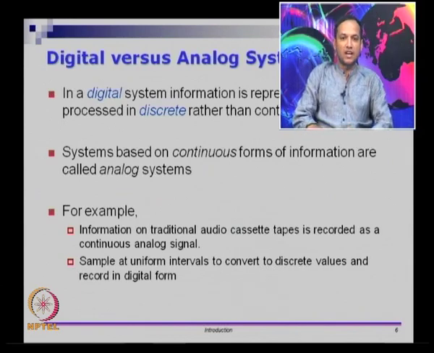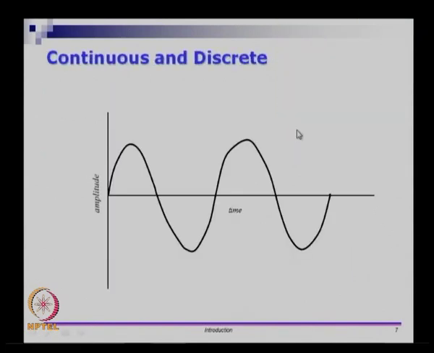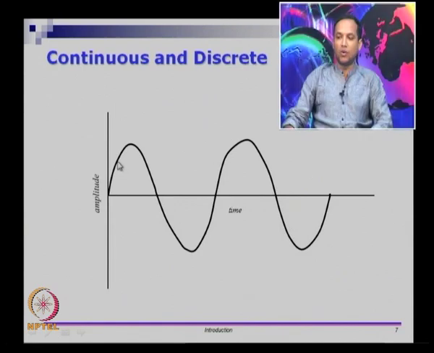It records a continuous analog signal, and you can however take this continuous analog signal and sample it at frequent intervals or at regular intervals and get discrete forms. This is an example of a sinusoid where I want to show what a continuous system is versus what a discrete system is. In the x axis you see time, and in the y axis you see amplitude, and in a continuous waveform at every time point you will see that there is a certain voltage or an amplitude for this signal.